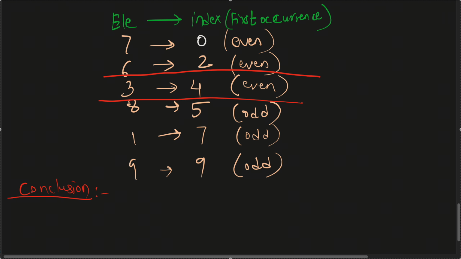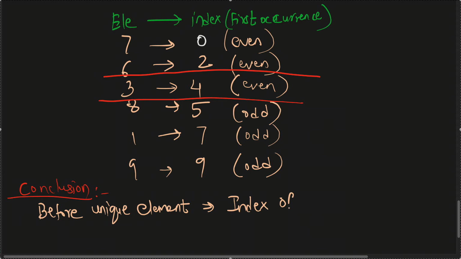is, we can see that before we get the unique element, the index of the first occurrence of an element is even.